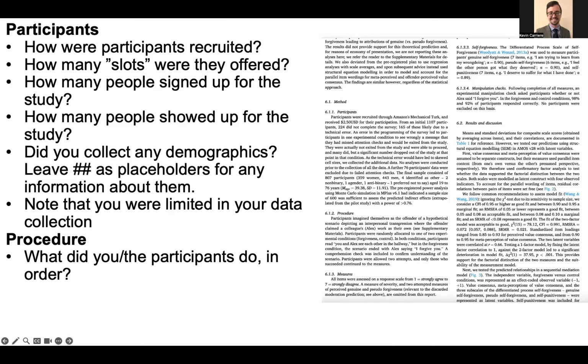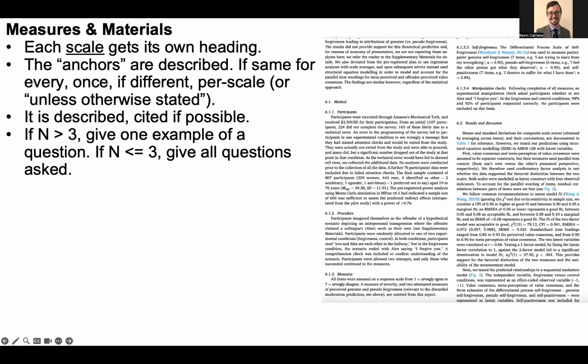And the last piece is what we call measures and materials. Other people call it other things. But here's where you describe all your operational definitions. So if you're measuring warmth, you could say, heading underneath measures would be warmth.